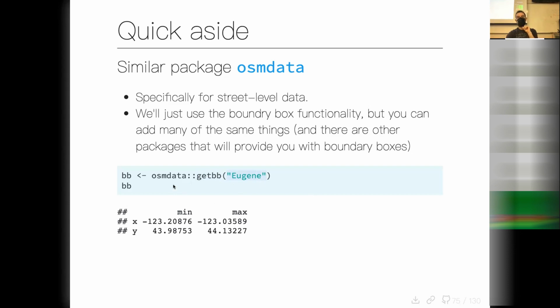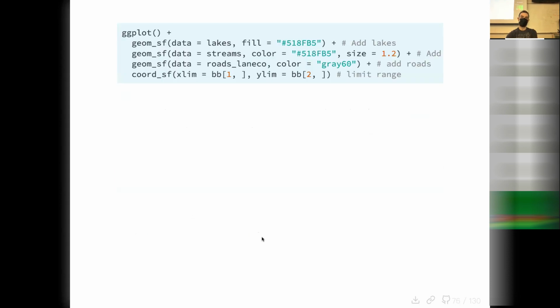So here I'm saying osmdata getbb, get bounding box for Eugene, and it gives me the min and the max for the x-axis and the min and the max for the y-axis, right? The latitude and longitude.